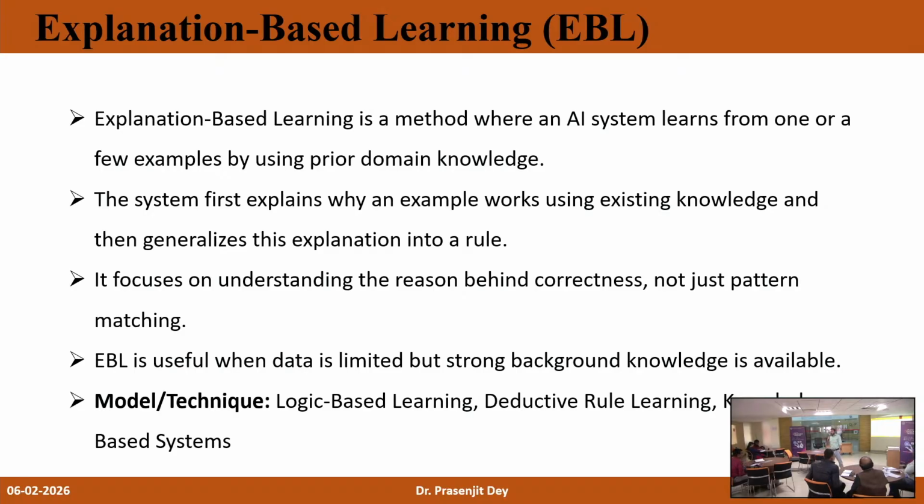Or suppose I am a medical expert. I am training with some data, but the data is not enough. But along with the data, I also have the domain knowledge of medical science. In that case, I can use that domain knowledge and come up with an answer. So based on that, it is called explainable learning.